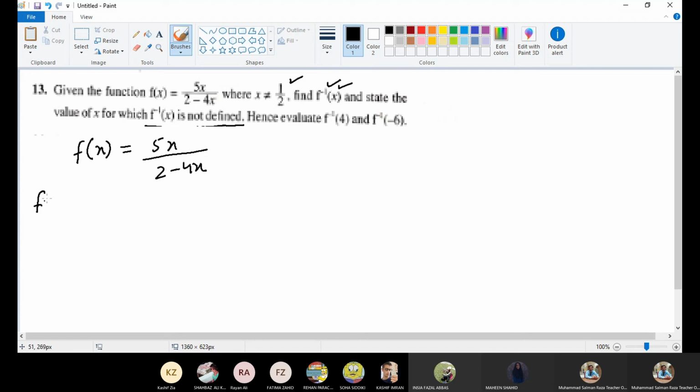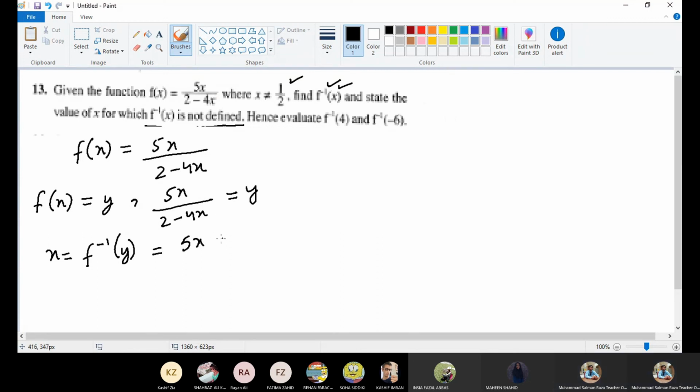For f inverse of x, you know that first of all you equate it to y on both sides, and then make x the subject. Be very careful when you are dealing with this part. It's going to become y into 2 minus 4x.